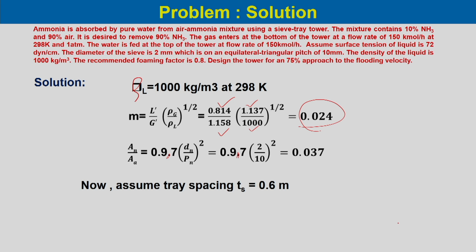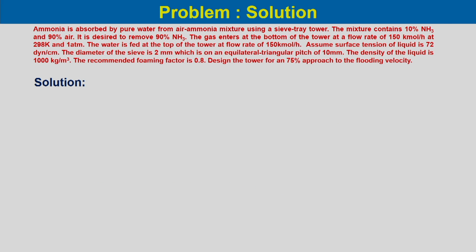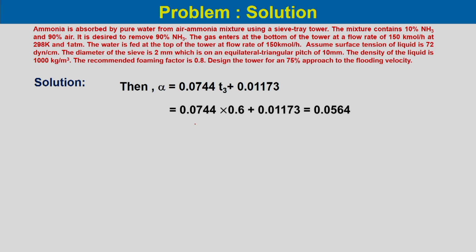Now, assume tray spacing Ts is 0.6 meter. Then we can calculate alpha, which would be equal to 0.0744 into 0.6 plus 0.01, which is 0.0564.